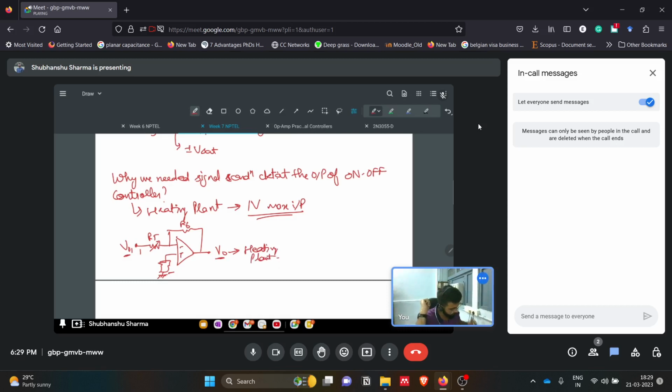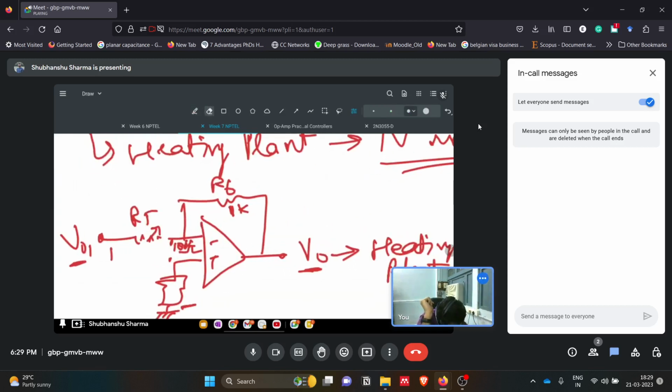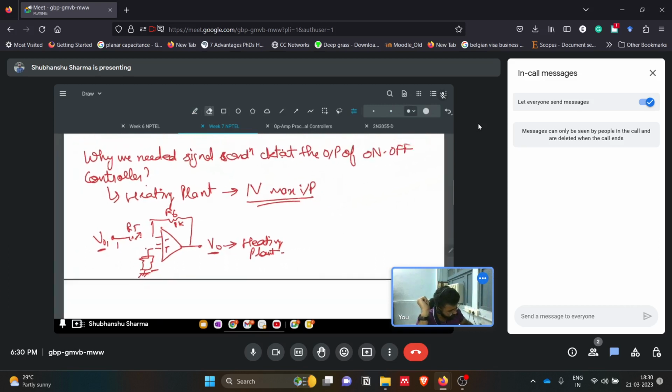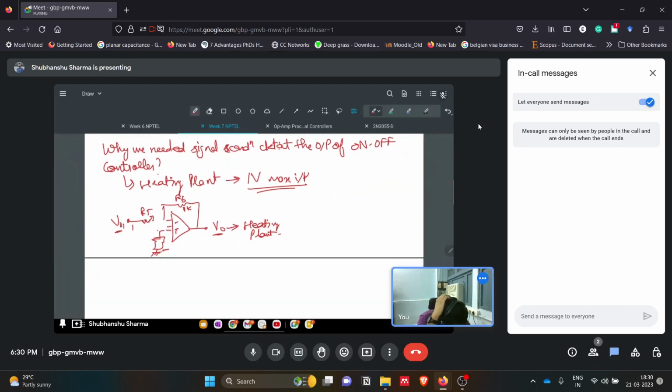So what will happen? This is 1K, and this we have maintained as 15% of 100 kilo ohms. Okay, I will write it clearly. So this is 15% of 100 kilo ohms.